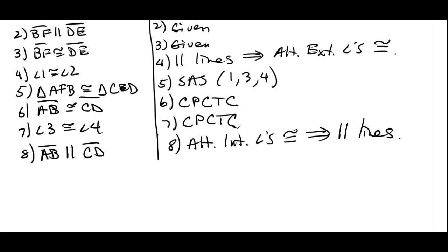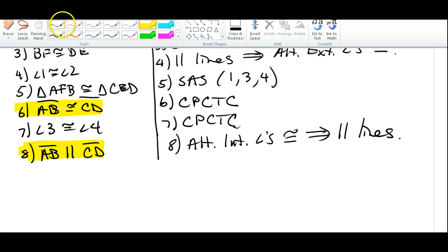And now I see that in step 6 I have one pair of sides congruent. I have the same pair of sides parallel.